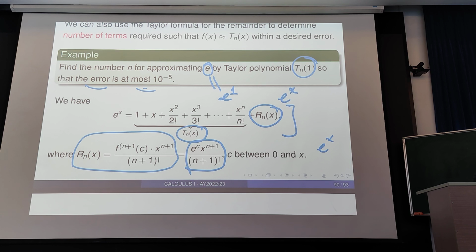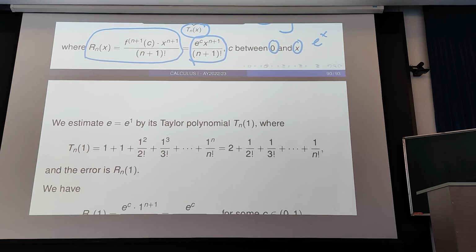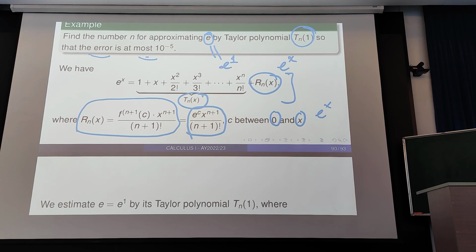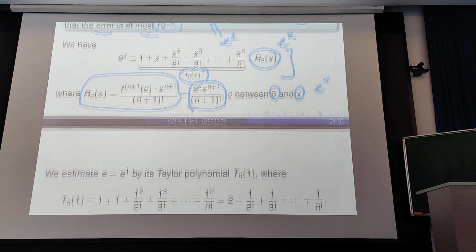And keep in mind that we have here a fixed number c. We only know it is in between 0 and x, right? Now we are going to use the information about the size of the error to determine the value of n.